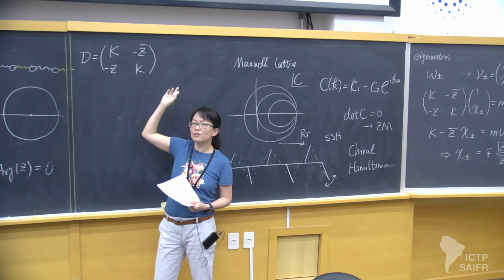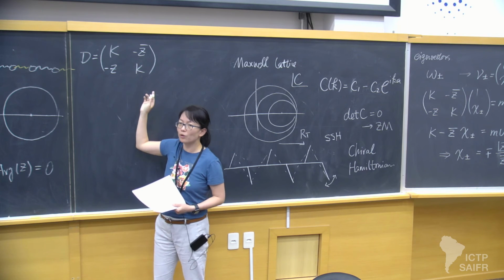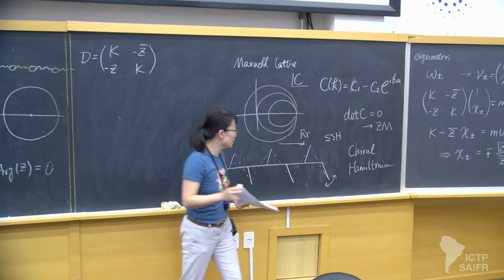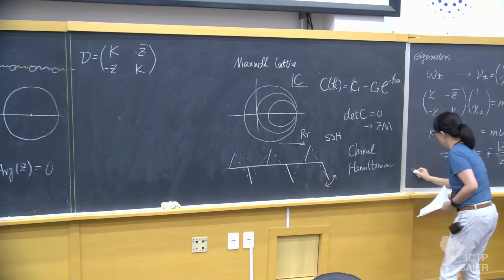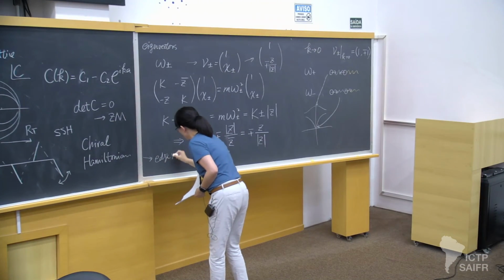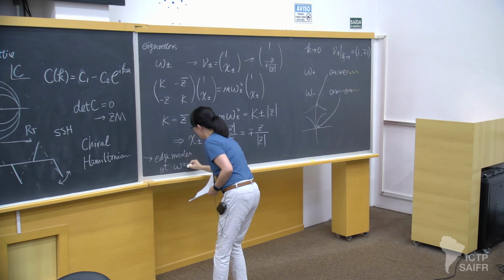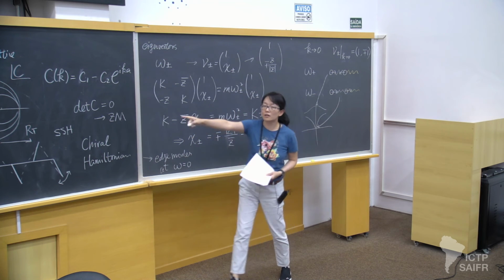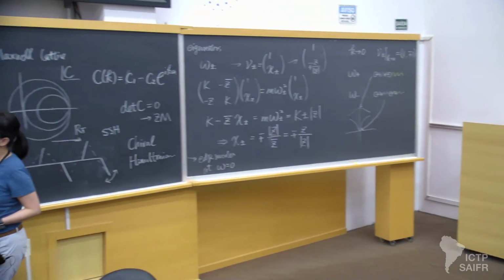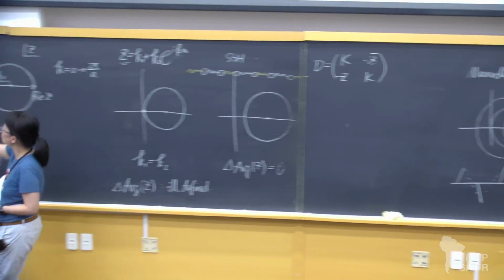You don't have the non-zero diagonal components. As a result, you get edge modes at 0 frequency. Here, I look at the property between these two bands.